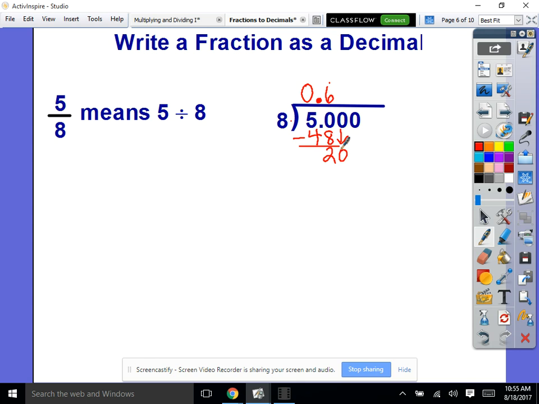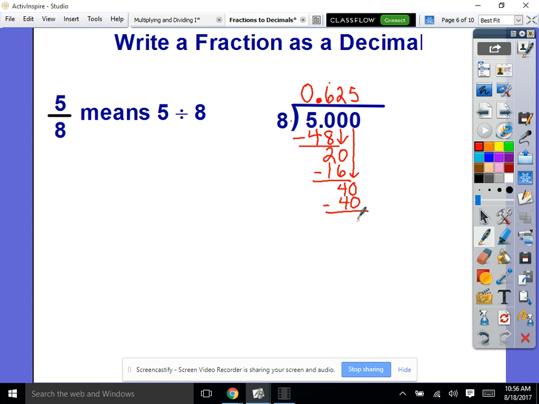Then 8 goes into 20 2 times. 2 times 8 is 16. If you subtract 16 from 20, you get 4. Bring down that next digit, and 8 goes into 40 5 times. 5 times 8 is 40.